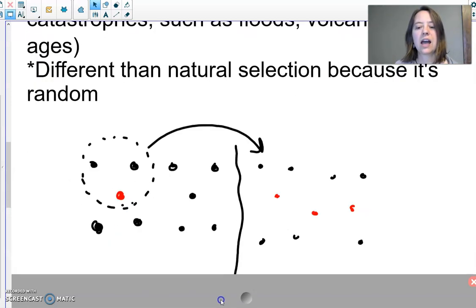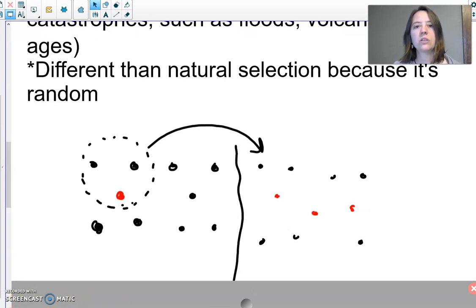So looking at an example, this could go with the founder effect or the bottleneck effect. I would like you to make this drawing in your notes, please. We have 10 individuals, 1, 2, 3, 4, 5, 6, 7, 8, 9, 10, and a lot of them have the black allele for a trait. One individual has the red allele for a trait.